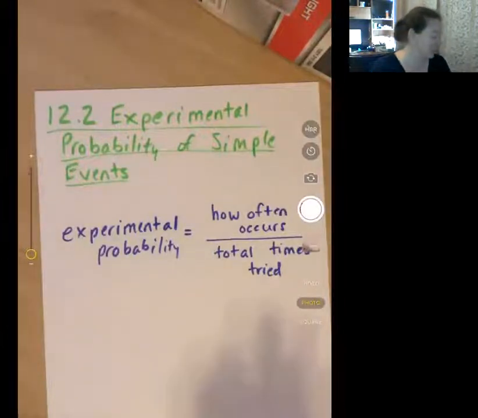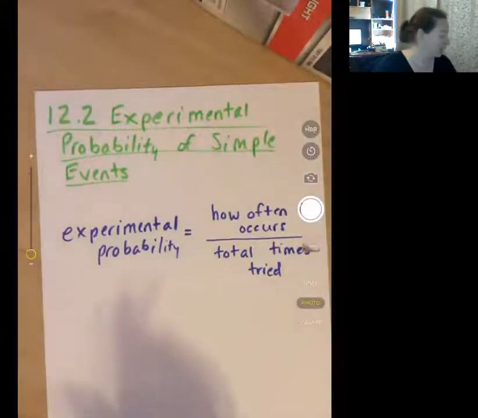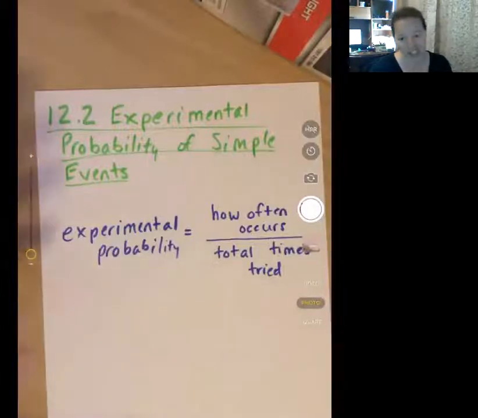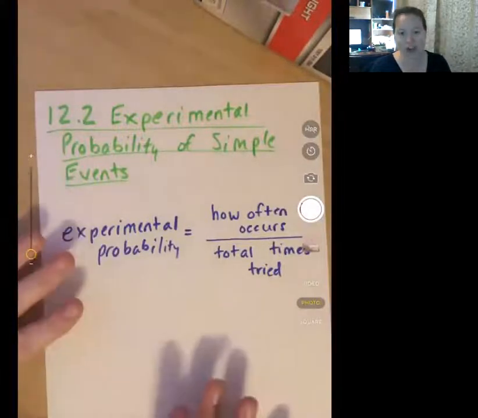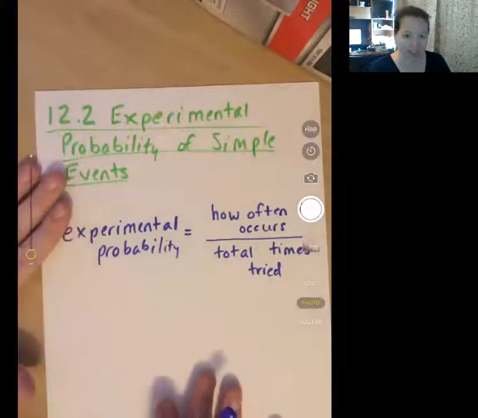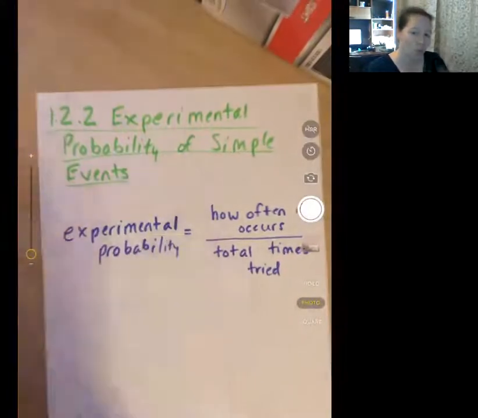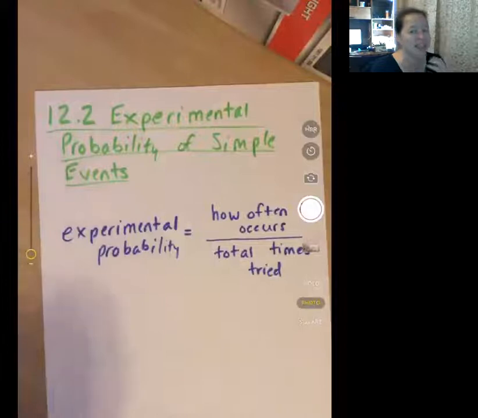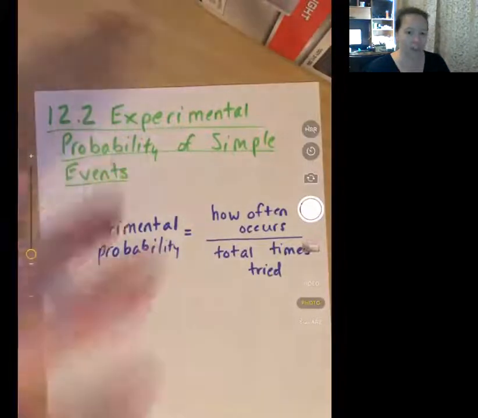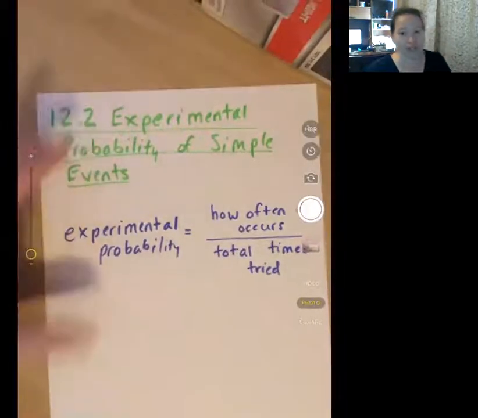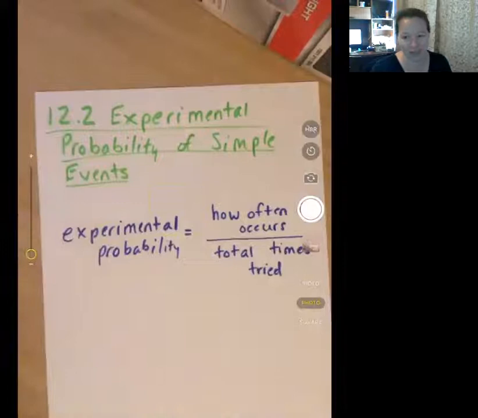Okay, so we can make predictions using our experimental probability. If we know what's going to happen, if we think we know what's going to happen, we can often use part of an experiment to go, you know what?